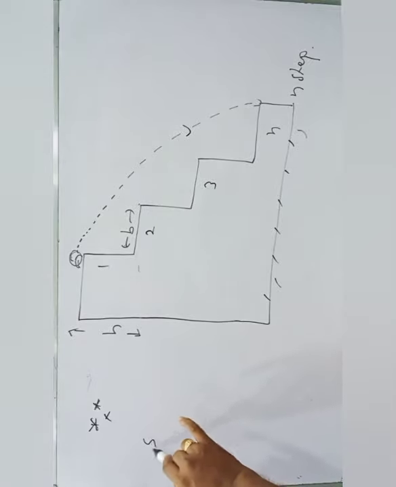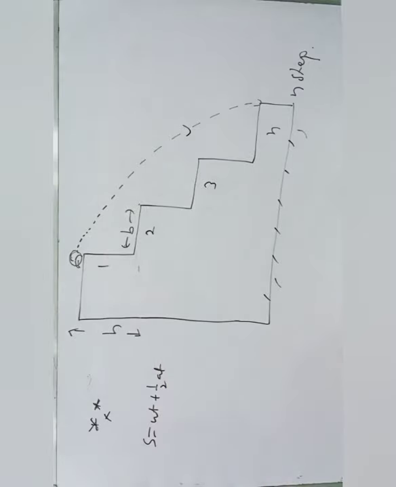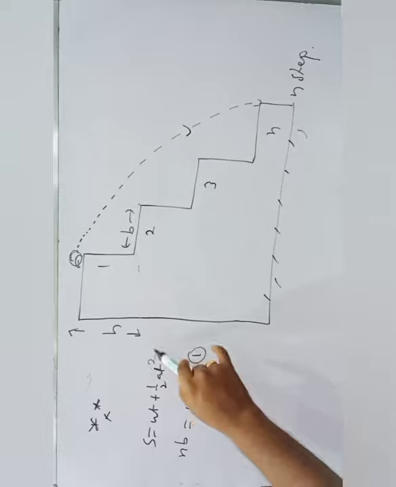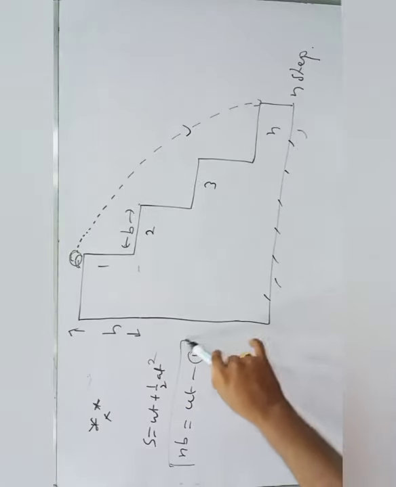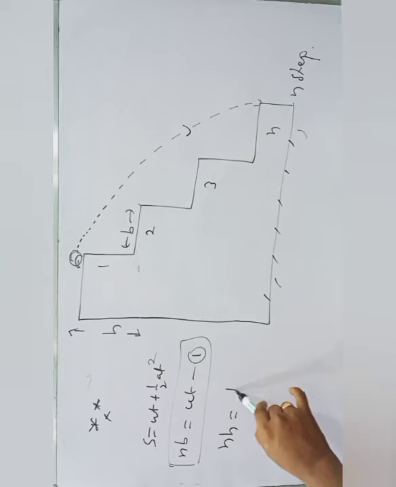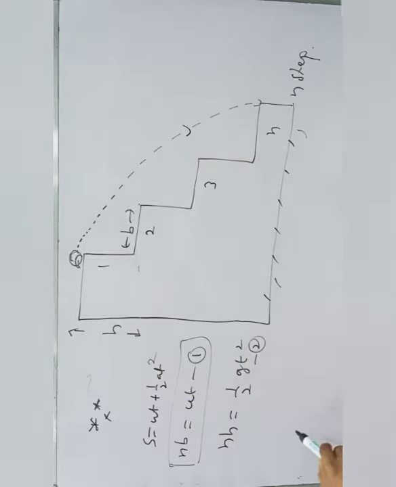Therefore s is equal to ut plus half at square. Since the horizontal acceleration is 0, we can write nb is equal to ut, equation 1. Next, using the same equation s is equal to ut plus half at square vertically, we can write nh is equal to half gt square, equation 2.